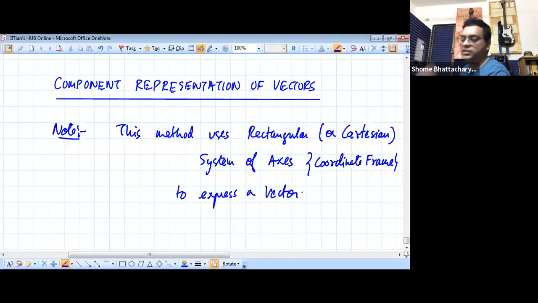There are two types of representation: component representation and geometrical representation. So we are coming to the second and final method of representation.